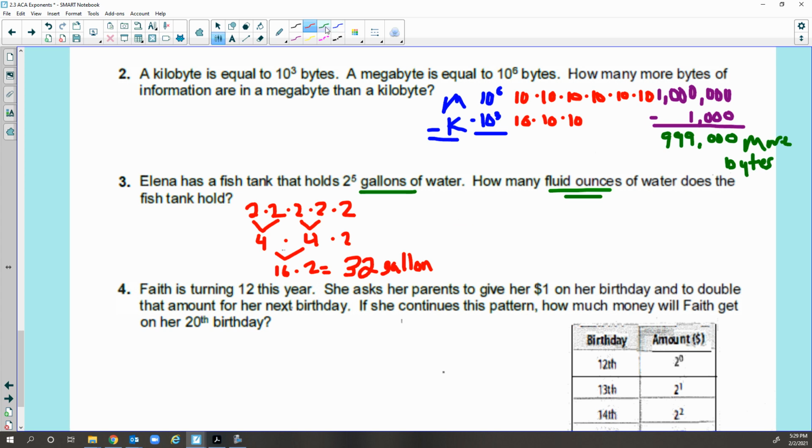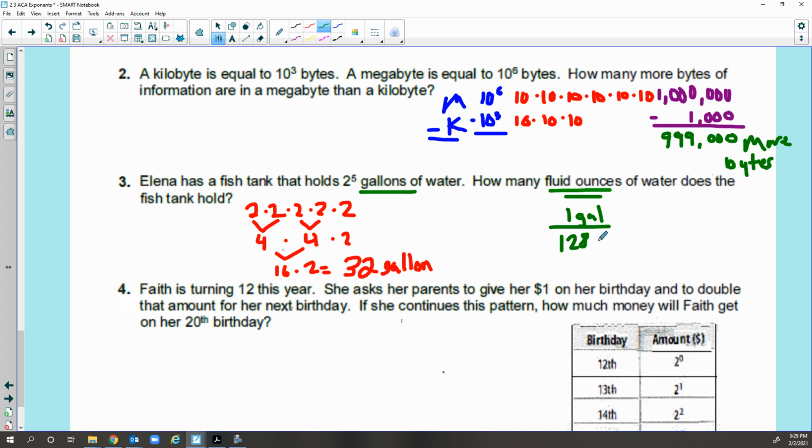So now we've got to convert this from gallons to fluid ounces. Well, what am I going to have to do? I'm going to have to set up a proportion, our good friend, the proportions. So what I'm going to do is I know that 1 gallon is 128 ounces.